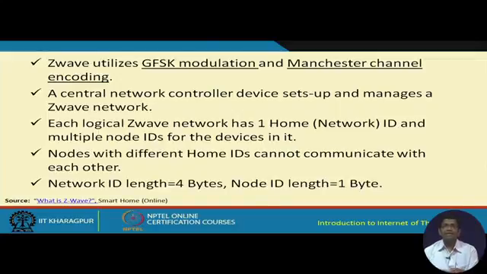So, we are restricting the communication of Z-Wave devices to specific homes. Nodes with different home IDs cannot communicate with each other, and we also have to keep in mind that the node ID length in Z-Wave is 1 byte and the network ID length is 4 bytes.